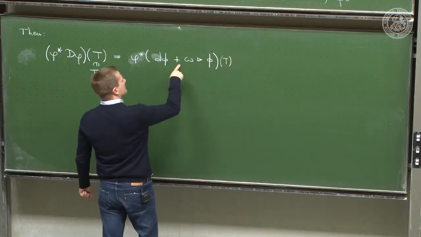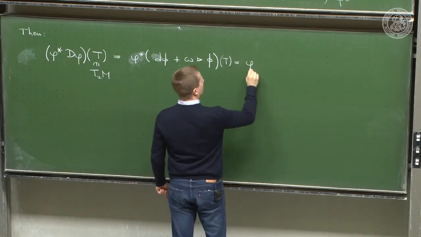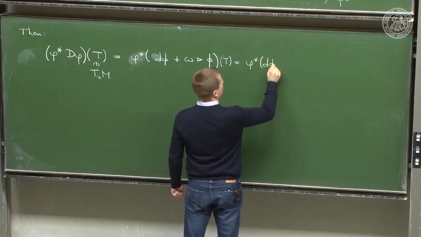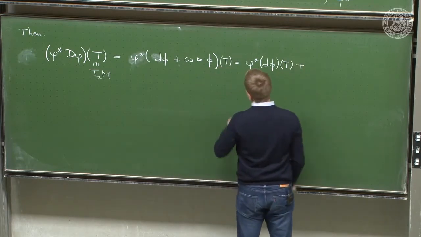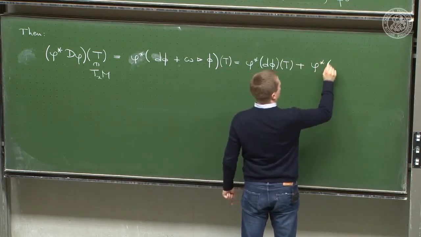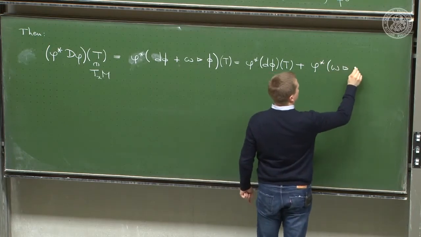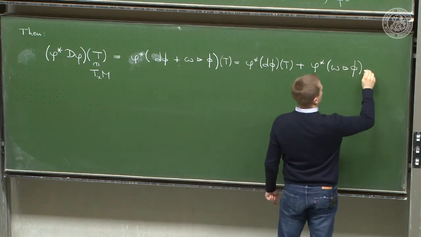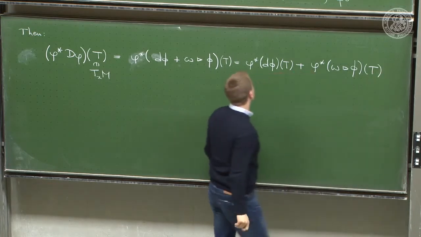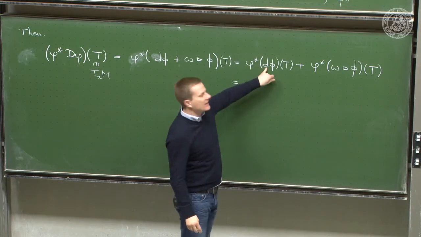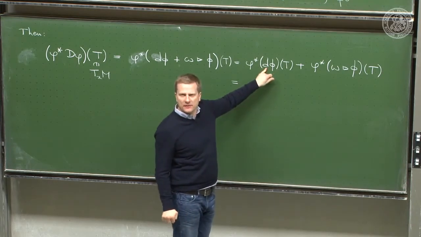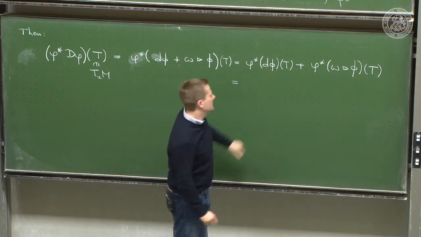Now, the pullback is linear, so this is clearly the pullback of d phi of t plus the pullback of the omega applied to phi of t. Now, the pullback and the d, you may remember, commute in quotation marks.